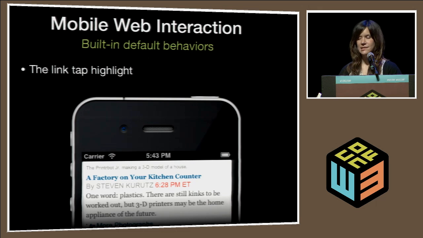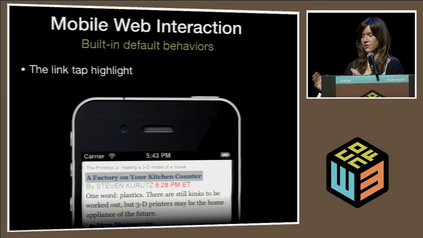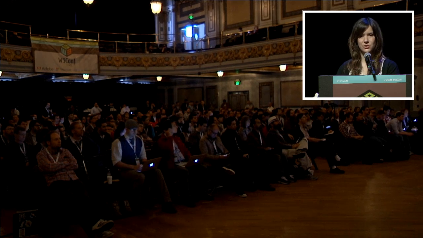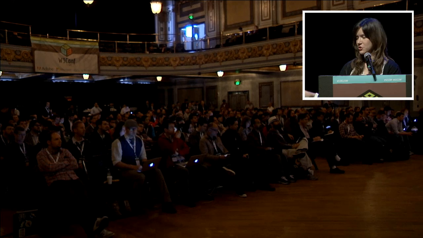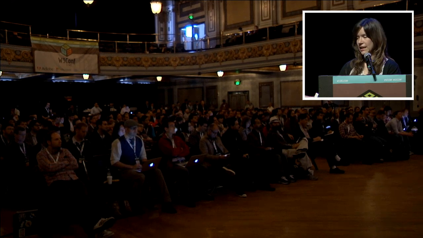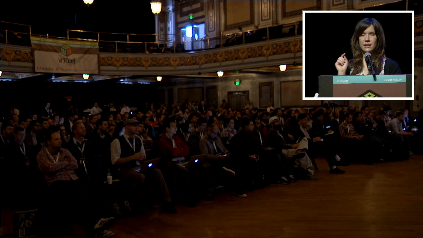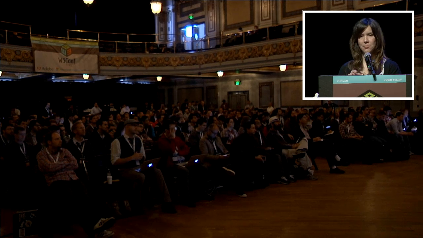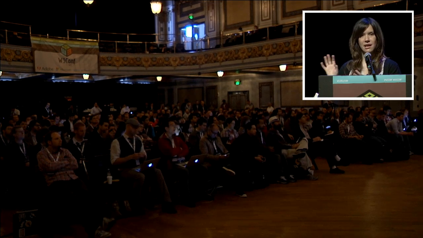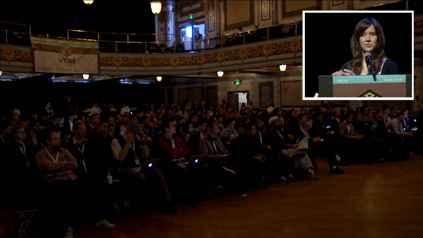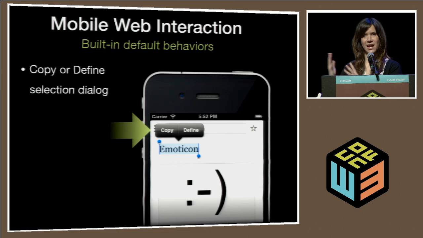So one example is that if you tap a link, there is this link tap highlight color that shows up for a split second before the user's taken to the linked page. There is the copy or define selection dialog. So if you tap and hold on a piece of text, this is going to pop up after a few seconds. There's no keyboard for me to use to select a context menu, so there has to be a way for this sort of thing to appear.